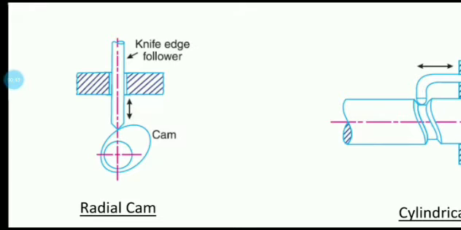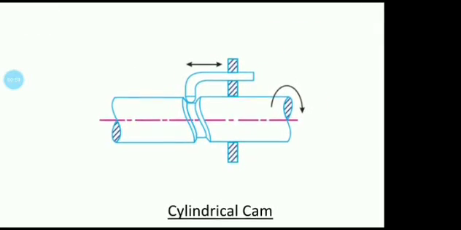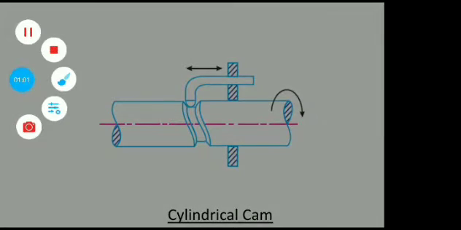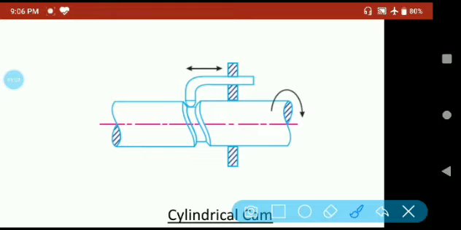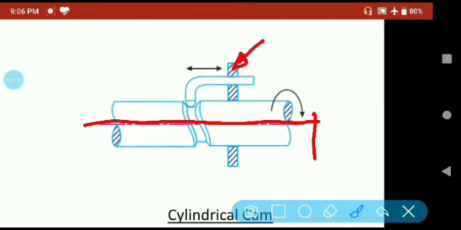So when you take the angle between the axis of the cam and the axis of the follower, it will be perpendicular. And in the case of a cylindrical cam, the axis of the follower and the axis of the cam are parallel to each other. So it is known as the cylindrical cam.